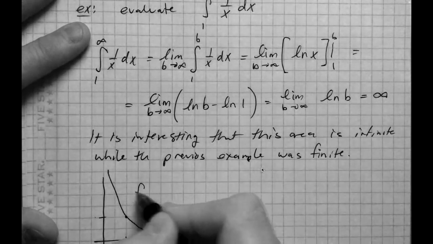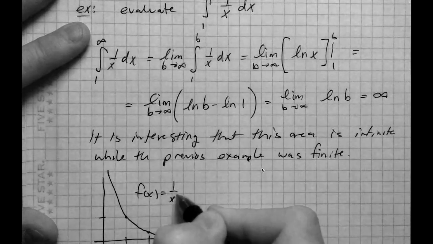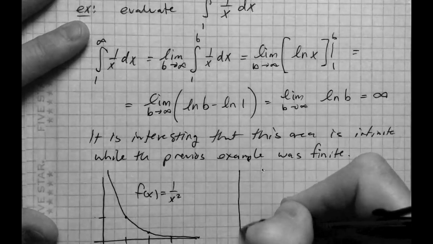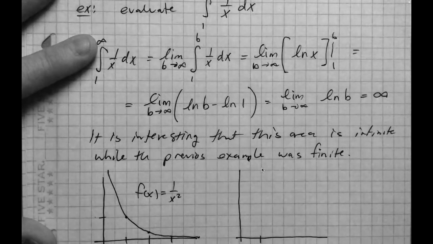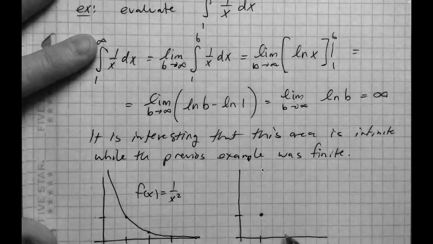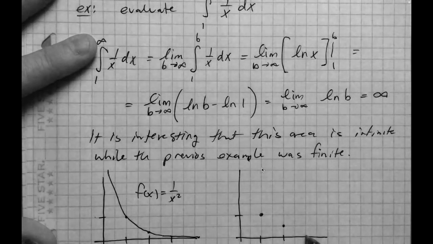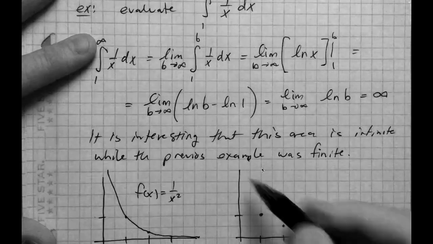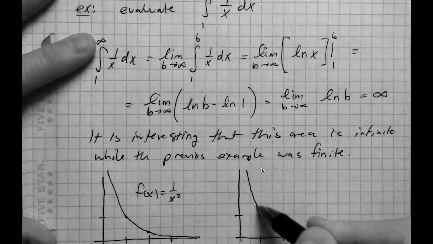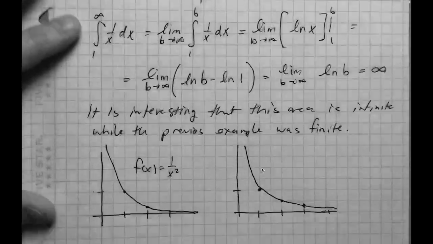Okay, so this is f of x equals 1 over x squared. Now the one we just looked at was 1 over x, so it would be 1, and then 1/2, and then 1/3, about there, and then 1/4. They look so similar, right?